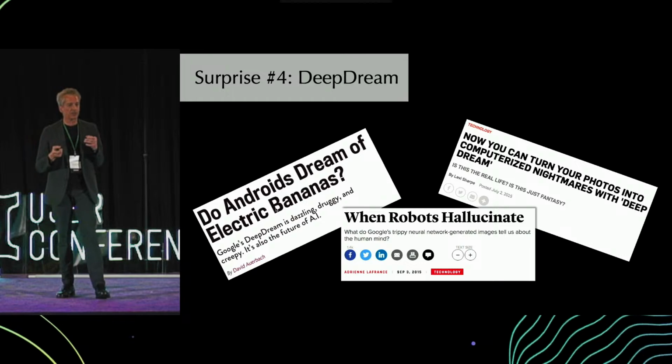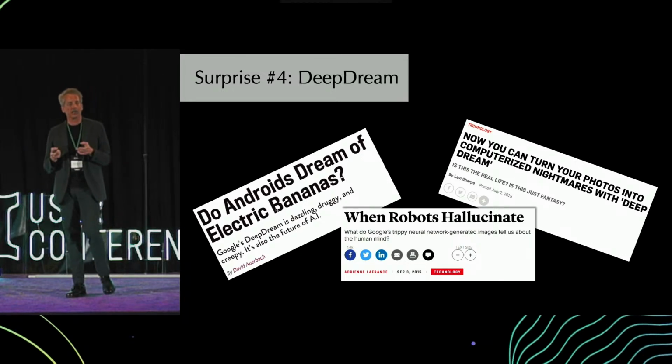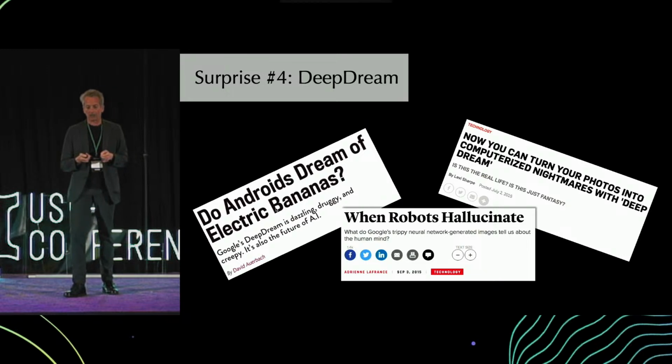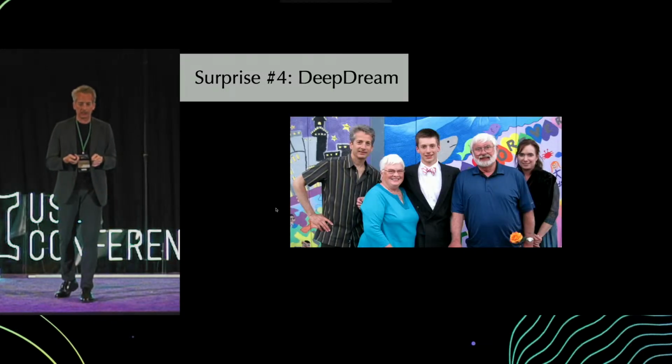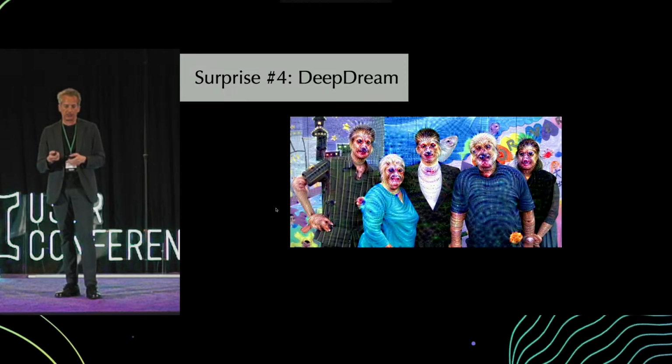Well, this software, which was really just a diagnostic hack that a Google engineer produced to get a peek under the hood of what their image recognition AI was doing, when he started to output images, he saw that it could turn ordinary images into basically psychedelic nightmares.